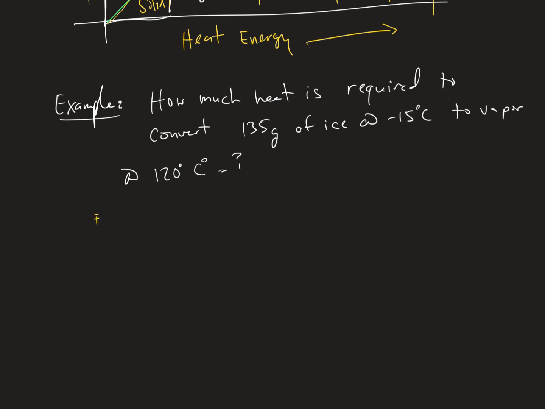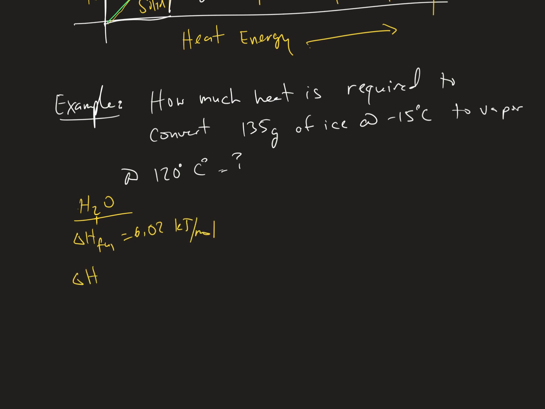So step one, first of all, we have to know the heat of fusion, heat of vaporization, specific heat of the different substances. So let me just give you these real quick. So for H2O, we have delta heat of fusion is 6.02 kilojoules per mole.